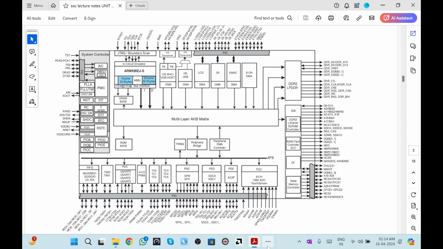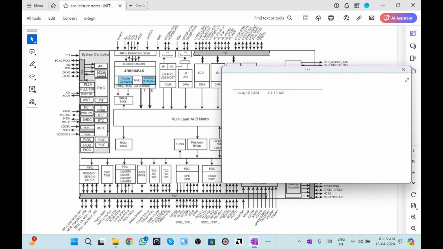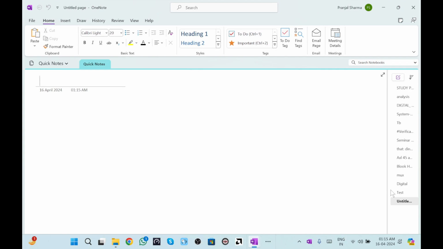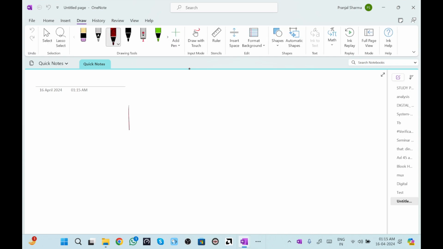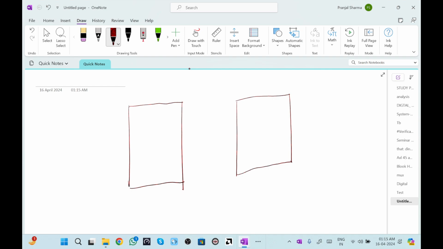For more, I'll explain with a diagram. If I talk about AHB, I'll make a basic block diagram. This is an AHB block.